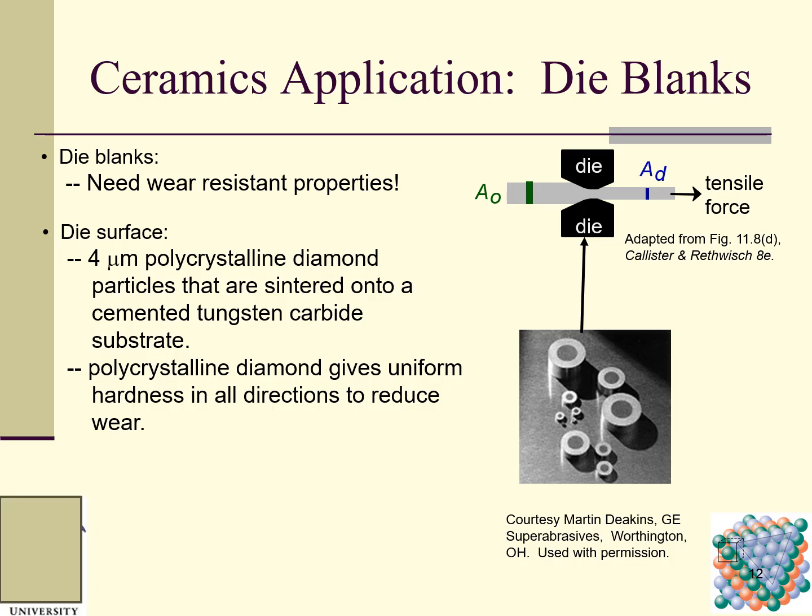Polycrystalline diamond gives uniform hardness in all directions to reduce wear. This is very good, because polycrystalline means that microscopically they have uniform hardness along all these directions. Any questions regarding this slide?